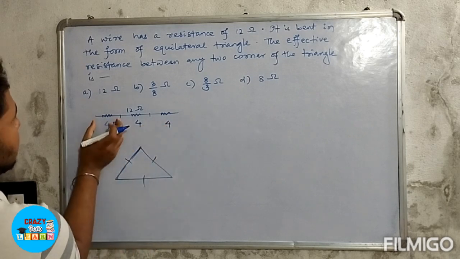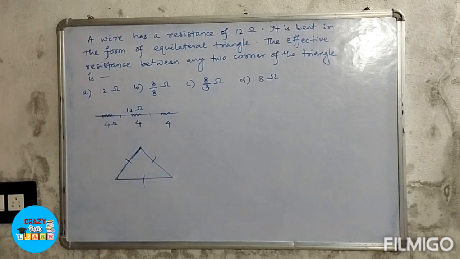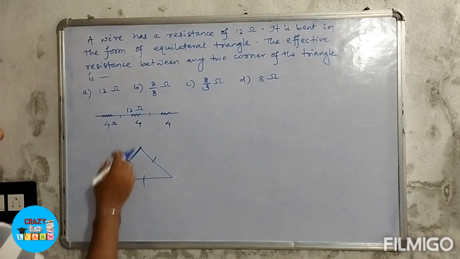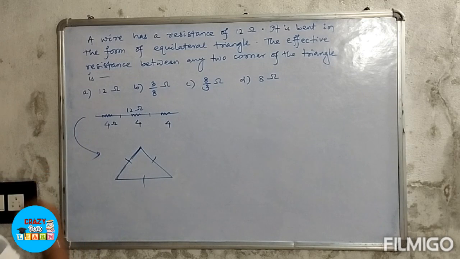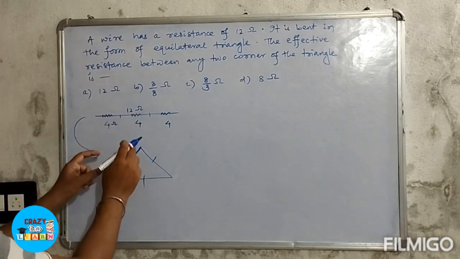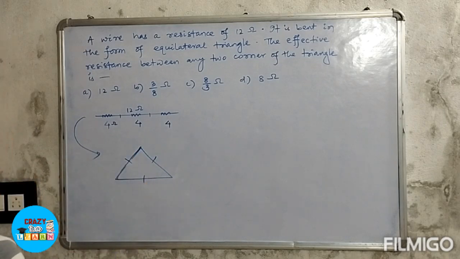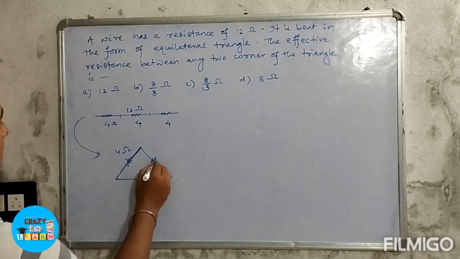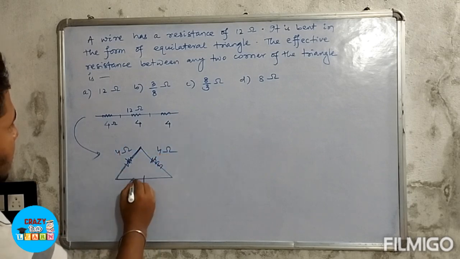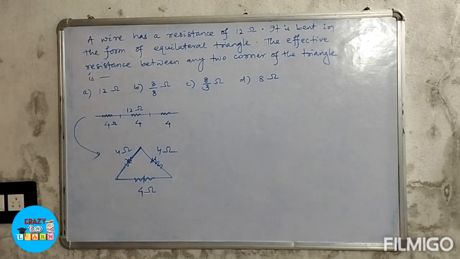So the resistance of this part is 4 ohm, of this part is 4 ohm, of this part is 4 ohm, and the wire is bent and made to form an equilateral triangle. Now the resistance of this side is 4 ohm, of this side is 4 ohm, of this side is 4 ohm.